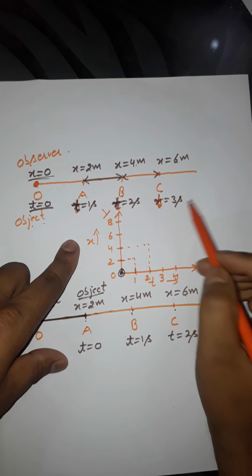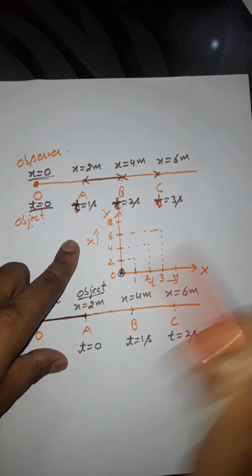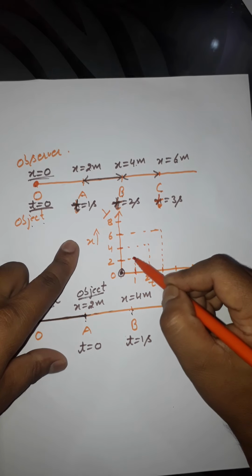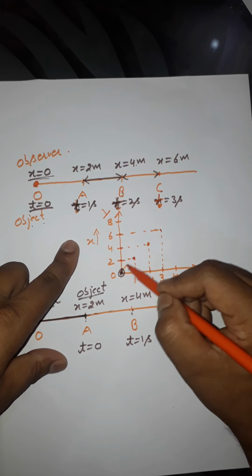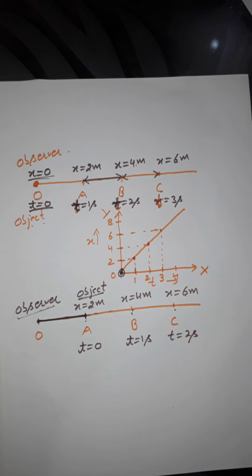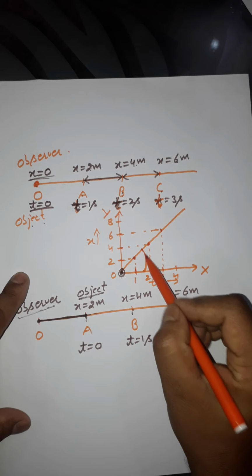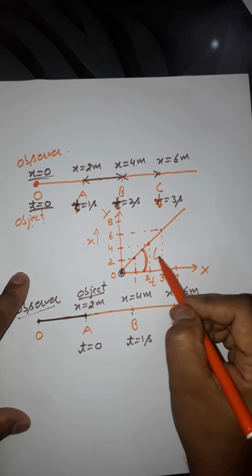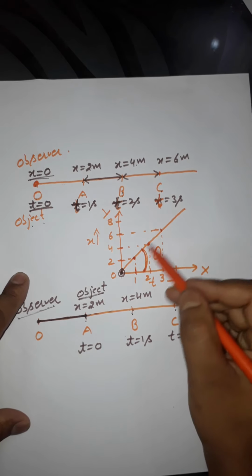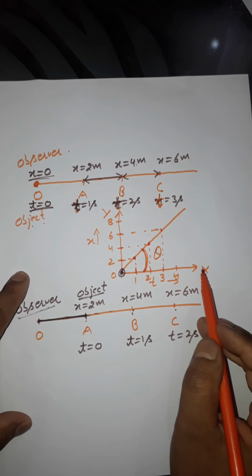When time is 3 second, distance is 6 meter. So all these points will give us a straight line, but this straight line is making a certain angle with the x-axis. So this straight line is said to be inclined to the x-axis.